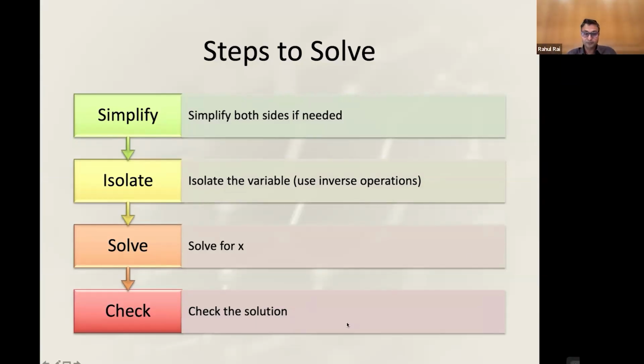So the final step, which has been highlighted here, if you want to score high on SAT or in math in general, always build a habit of checking the solution. So after solving, let's say you got a value of x, you need to back substitute that value back in the equation and see whether that is satisfying that equation or not. That is the checking part, right?